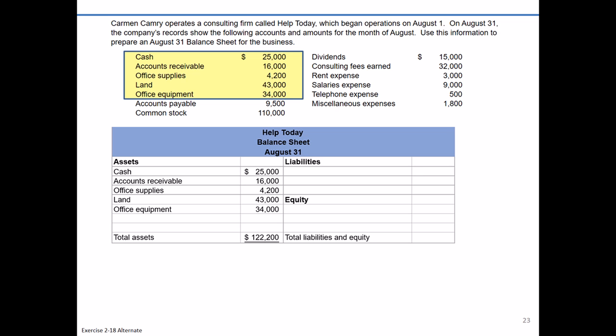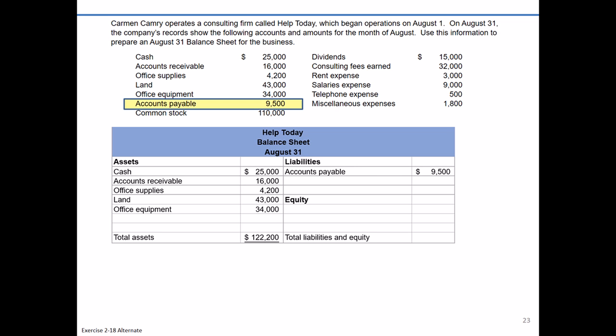Let's cross our fingers that our total liabilities and equity are going to come out to that same total amount. Our liabilities are our claims by our creditors against those assets, so the first type of claim. Liabilities are going to include accounts payable. So we're going to list accounts payable for $9,500. Now, this company's just at its beginning.